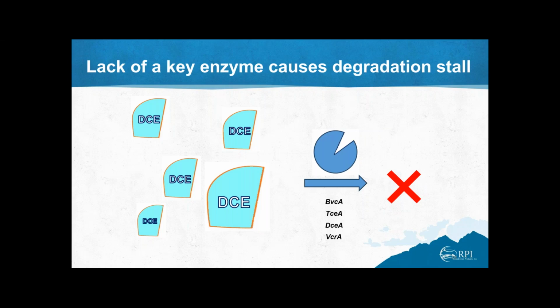Another aspect is that, let's say you do have those enzymes, but they are not necessarily housed in the same microbe. So then at that point, you kind of have a logistical issue, in that you need to move the DCE to the next microbe. And so for that reason, you can also see buildup. So the lack of a particular enzyme can cause stall. The lack of co-location can cause stall.